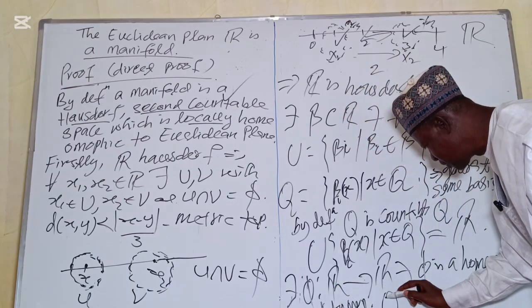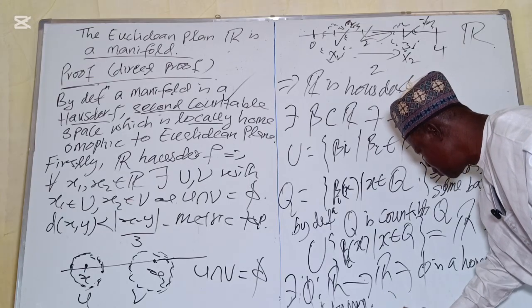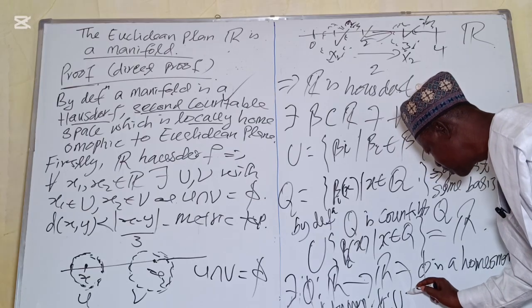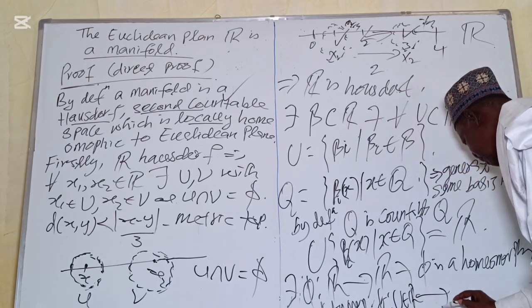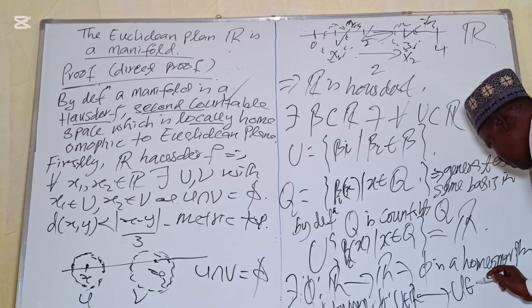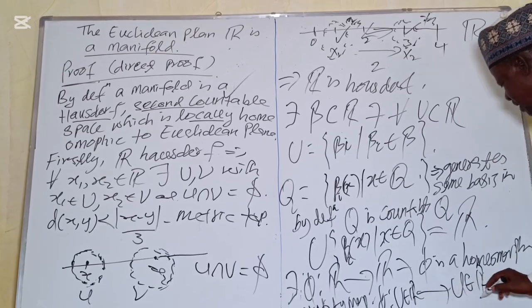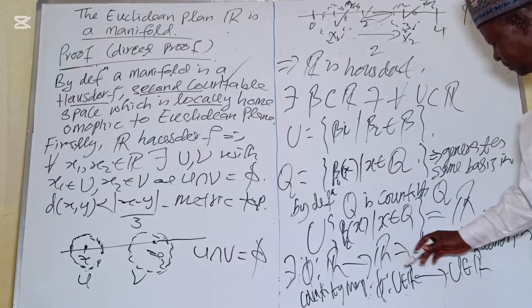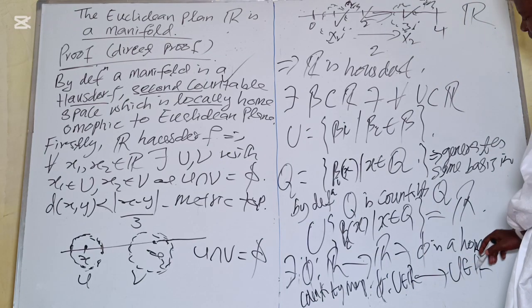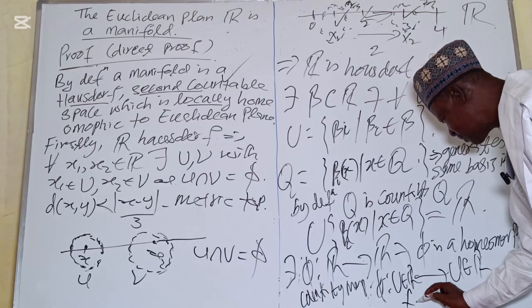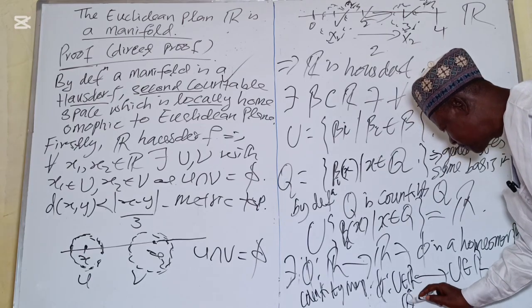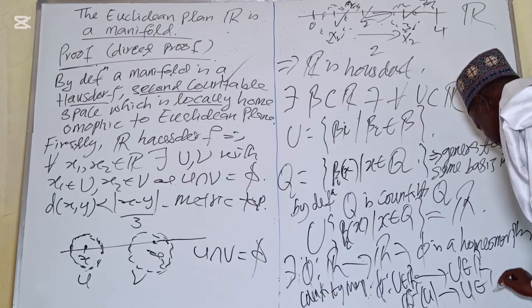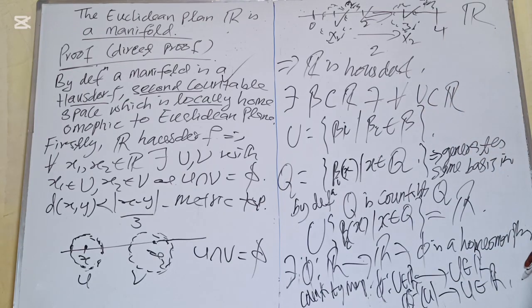Phi will take every open set U in R to the same U in R. Because the domain is all of R, this map is continuous, and the inverse is also continuous, because phi inverse will also take the same U back to U, and they are all in R. So this is actually a homeomorphism.